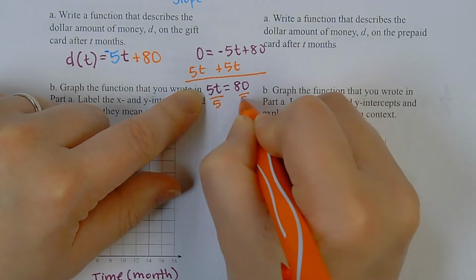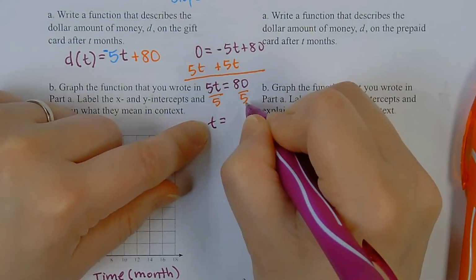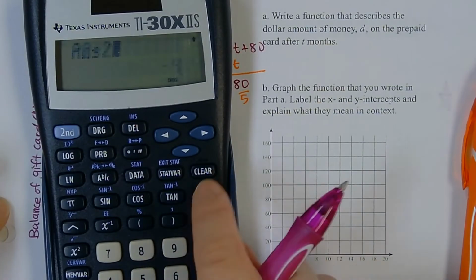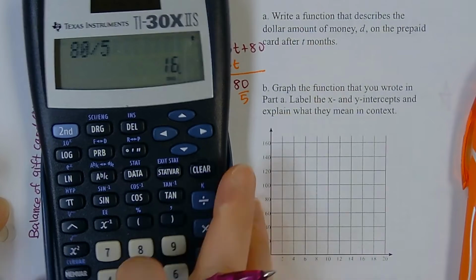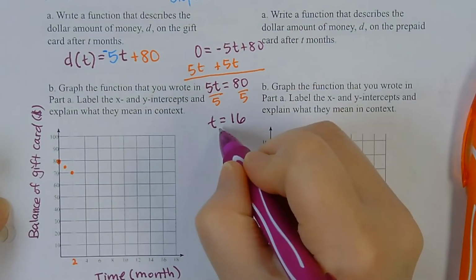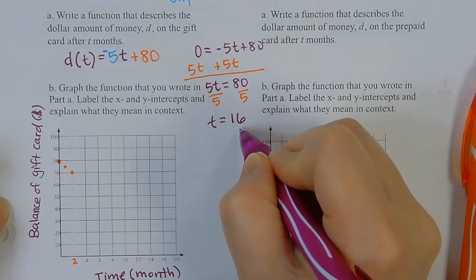Dividing by 5, right? So t is equal to 80 divided by 5. What's 80 divided by 5? 16. See? That's how we do that. So we know that in 16 months it's going to have no money.